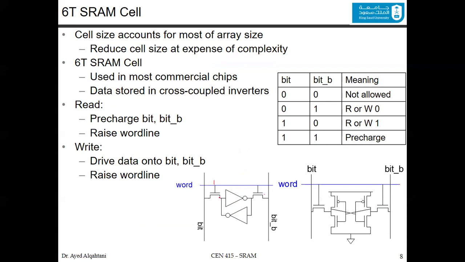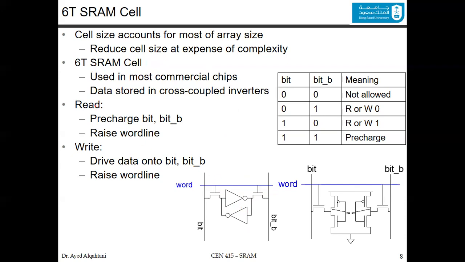Once it is equal to 1, this will be on and this will be on, and now you can read and write the content of the cell. So the cell size accounts for most of the array size, as we have seen. We reduce the cell size to 6 transistors coming from the 12 transistors. The 6 transistor SRAM cell is used in most commercial chips nowadays. The data is stored in cross-coupled inverters, as you can see here.